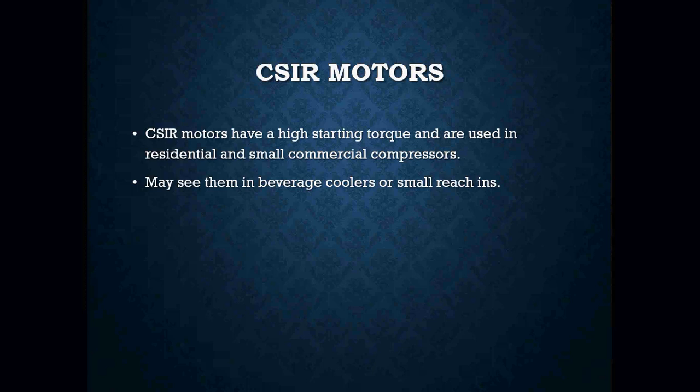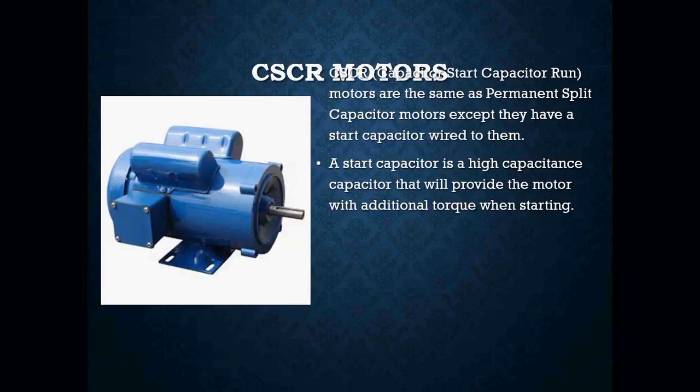CSCR motors have a very high starting torque and are used in residential and small commercial compressors. You may see them in beverage coolers and small reach-ins. Your CSCR is a capacitor start, capacitor run motor, and is the same as the permanent split capacitor motor, except it has a start capacitor wired to it.